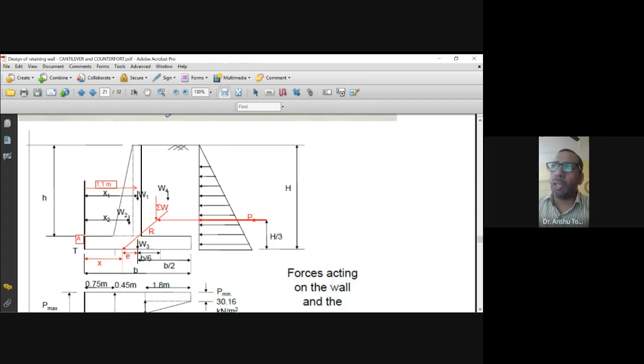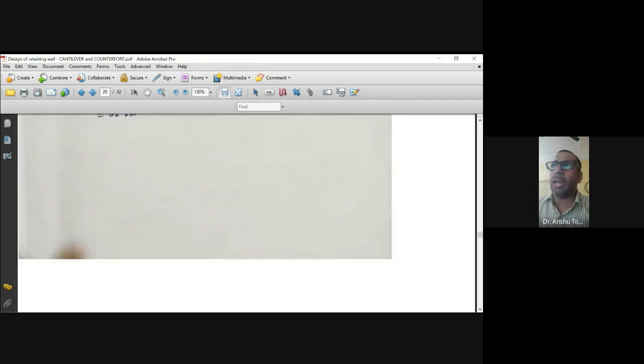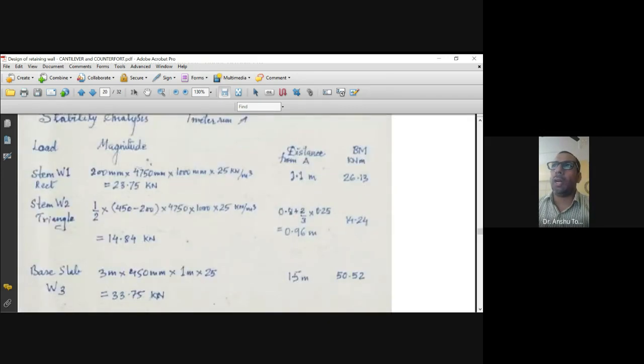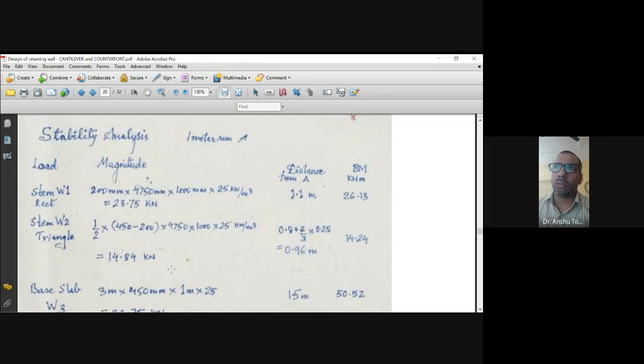So in all the cases we are going to do it like this. जो हमारा perpendicular straight stem है W1, that is 200.